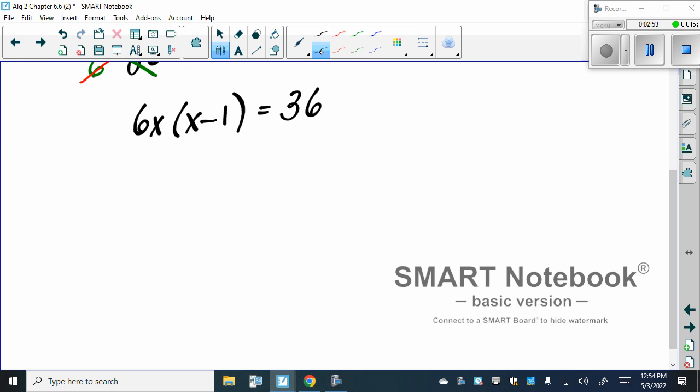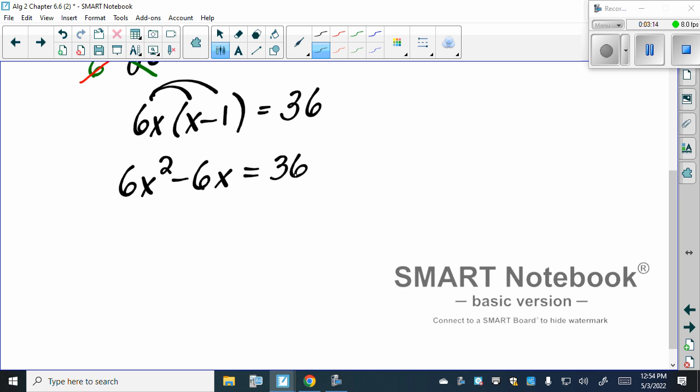Now we just need to solve 6x times x minus 1 is equal to 36. So the first thing we can do is distribute the 6x. 6x times x is going to give us 6x squared. 6x times negative 1 is going to give us negative 6x is equal to 36.